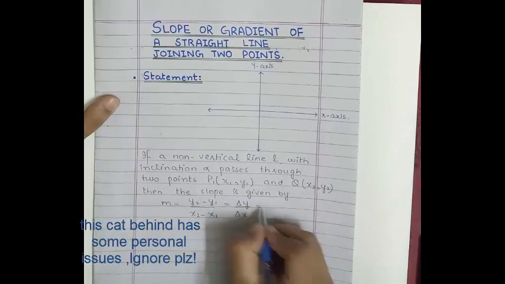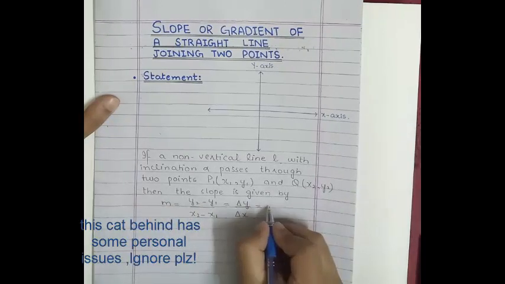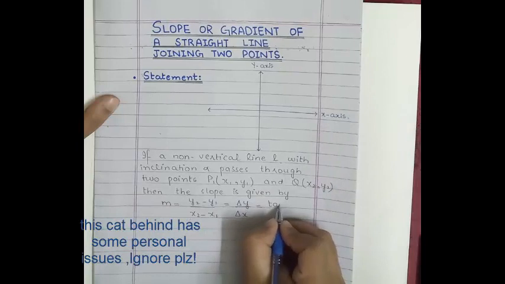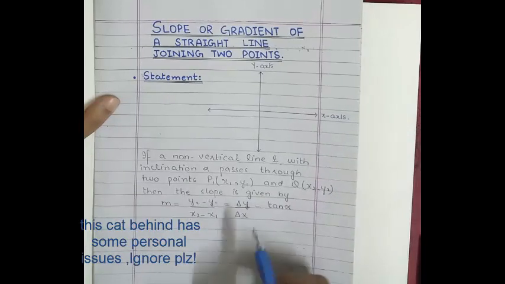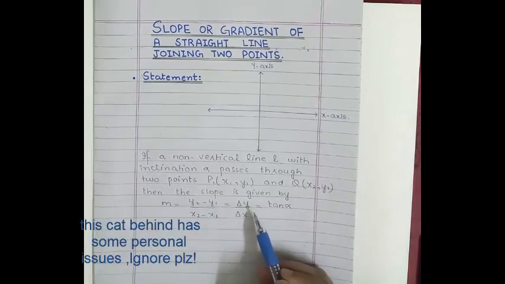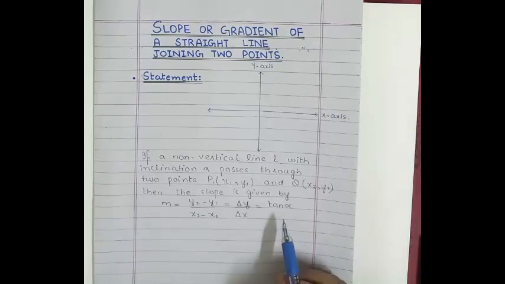Also we can write the slope is equal to tan alpha, because y over x is equal to tan alpha.